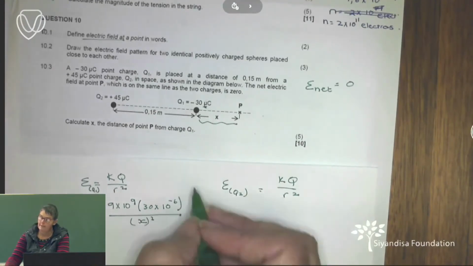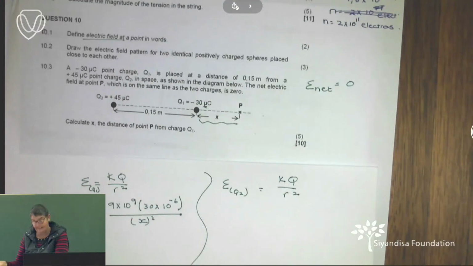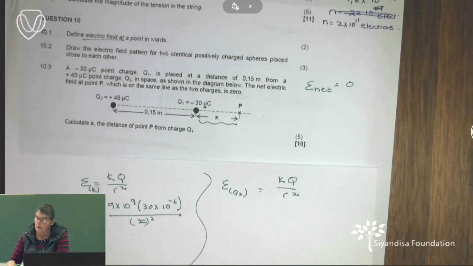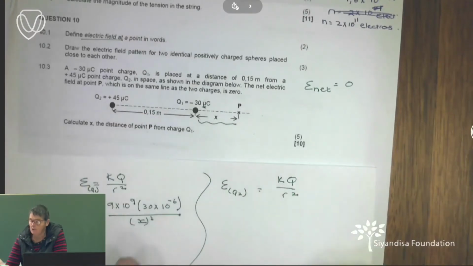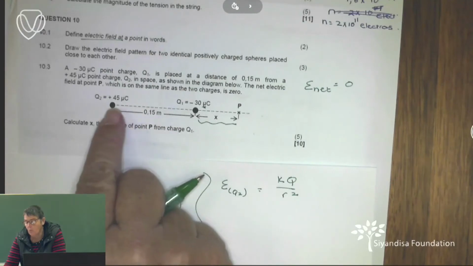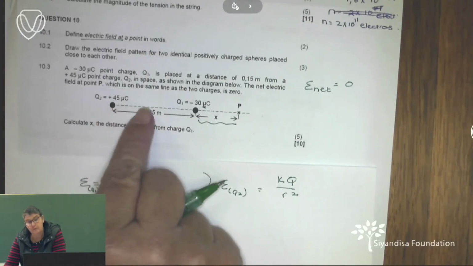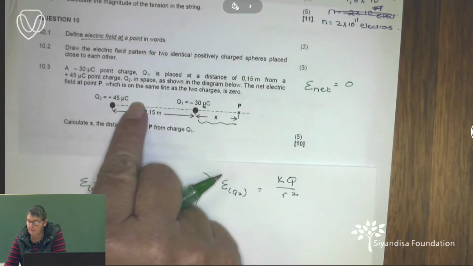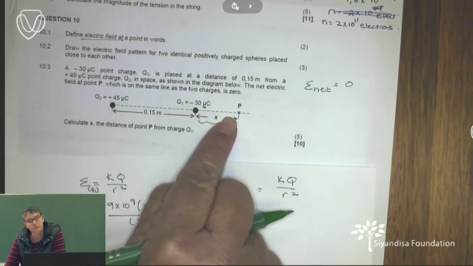Right. What am I now going to do? Exactly the same, but in relation to Q2. Okay? Because remember, I just want to mention something to you. We're looking at the direction of the electric field. And remember, if I put a positive test charge here, it's going to move in that direction.